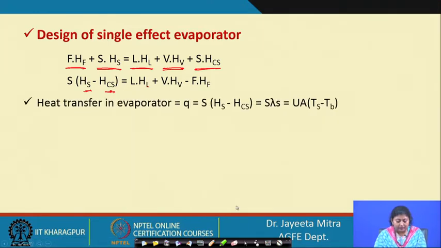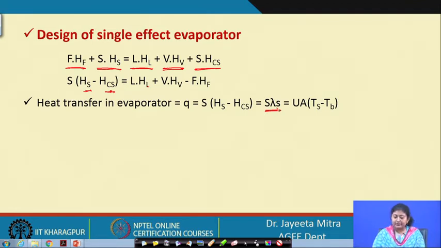Okay. So, heat transfer in the evaporator is Q, that is S, the mass flow rate of steam, times Hs minus Hcs, which can be written as S into lambda S. Now, this is the heat that is being transferred in the evaporator, and it is transferred through the area A, again a series system where there is a surface, which is the thickness of the heat transfer surface.